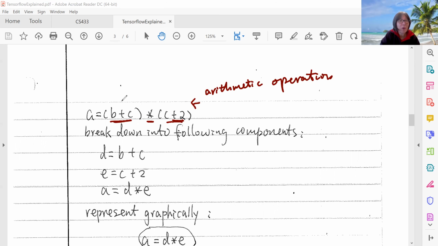From this, we can break it down into the following components. You can define B plus C as D, and then define C plus 2 as E. Once you have this, you can define D times E and assign it to A.